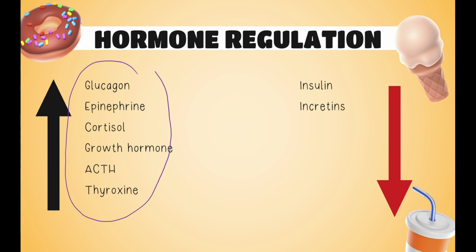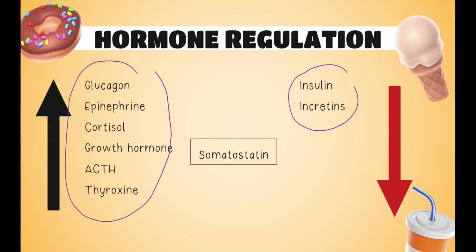Whereas, those involved in lowering our blood glucose level, meron lang po tayong dalawa. But the major hormone involved in lowering our blood glucose level is really your insulin. In terms of incretins, somehow parang masasabi rin natin na indirectly lowering your blood glucose level, and we'll further discuss that later.